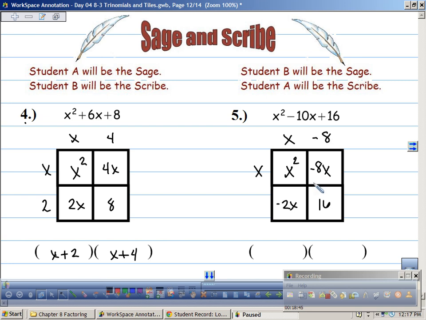What goes here? Good. So the factor of -2x and 16 is -2. Let's make sure it works. X times x is x squared. X times -8 is -8x. -2 times x is -2x, and -2 times -8 is +16. Good job, Elgin.